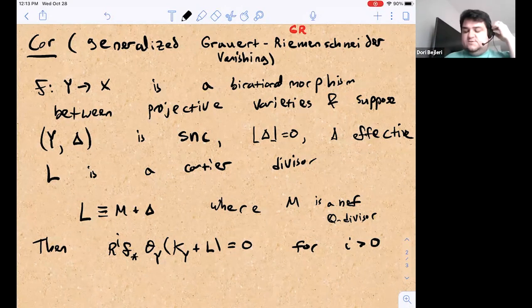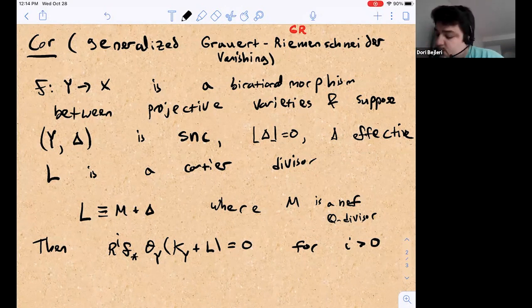Okay, and the proof is using the same lemma that we proved last time that relates the vanishing of these push forwards to the global vanishing of cohomology on Y after you tensor with the pullback of an ample.